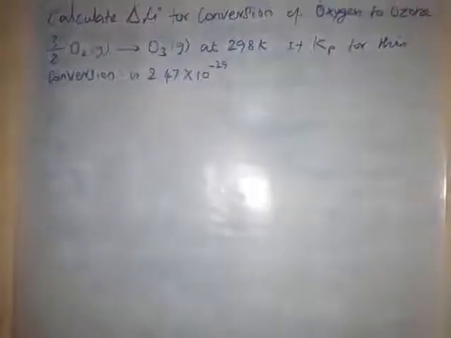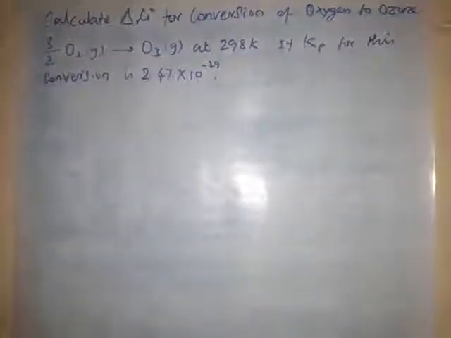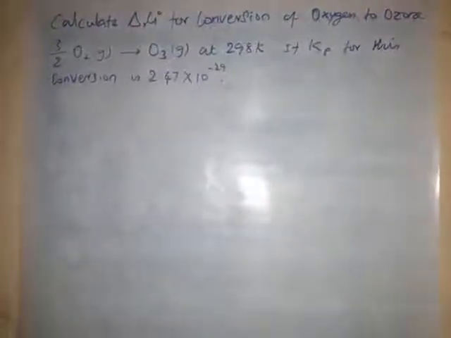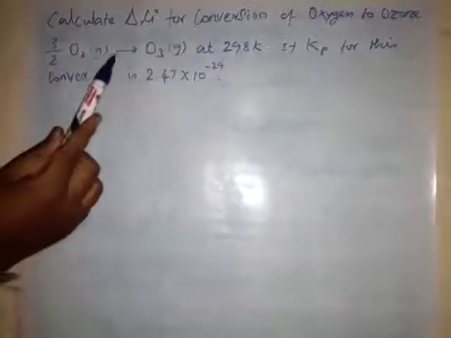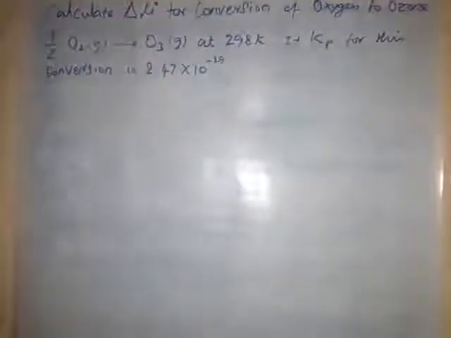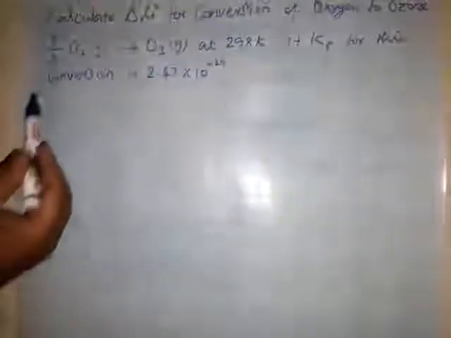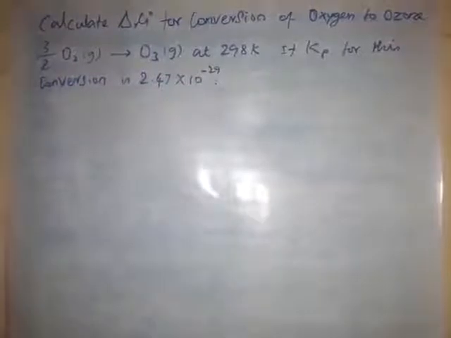Next problem is: calculate the standard free energy for the reaction for conversion of oxygen to ozone. The equation is 3/2 moles of oxygen gives ozone, that is O3 gas, at 298 Kelvin. If Kp for this conversion is 2.47 into 10 power minus 29.